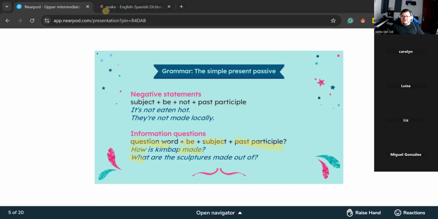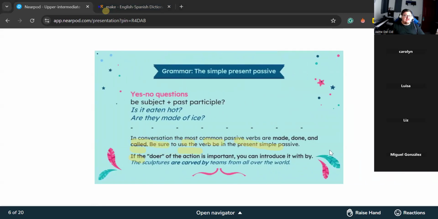And we have one more. We have the yes, no questions. Remember that yes, no questions don't have what, where, when. Those are not yes, no questions. Those are the information questions. Yes, no questions start with the verb be, then the subject, and then the past participle.